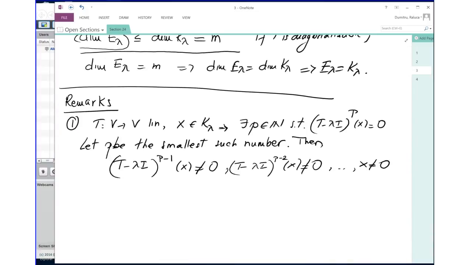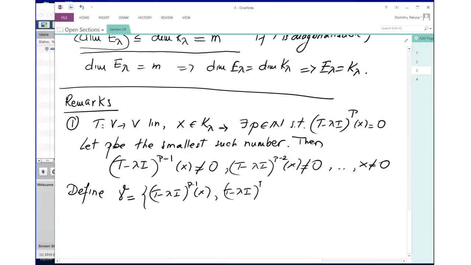I'm going to take all those vectors from x to the p minus 1 power and put them together in a set. So define gamma to be the set containing all those vectors, from the p minus 1 power of that operator applied to x, down to x itself. Again, because p was the smallest possible, gamma is a set containing non-zero vectors only.